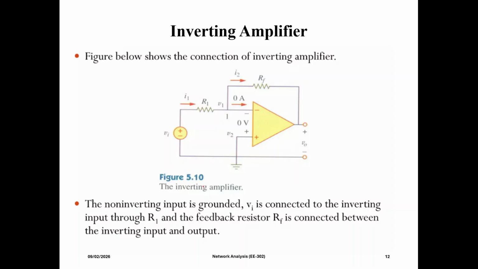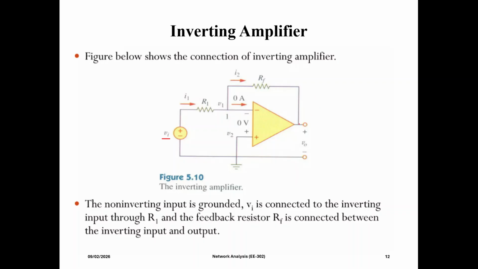In this circuit, the non-inverting input is grounded and the input signal, that is Vi, is connected to the inverting input through resistor R1. Okay, and the feedback resistor RF is connected between the inverting input V1 and the output V0.